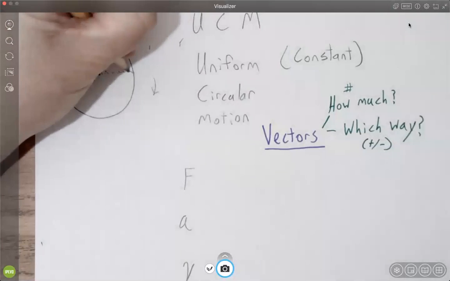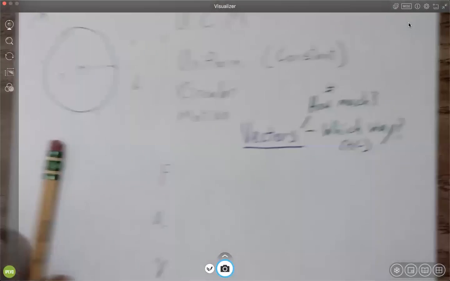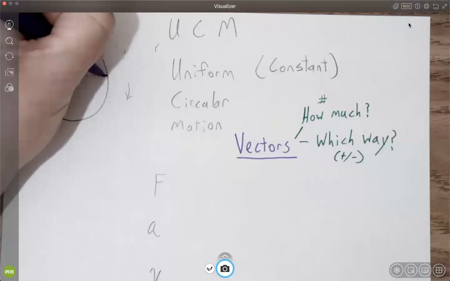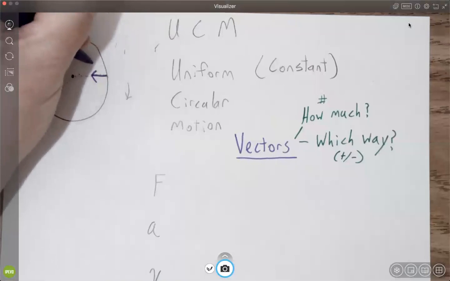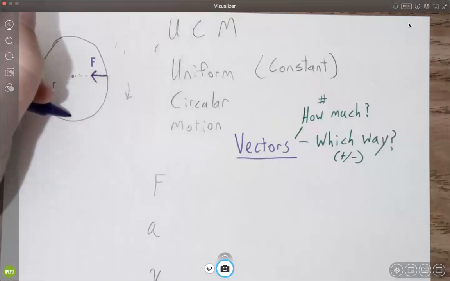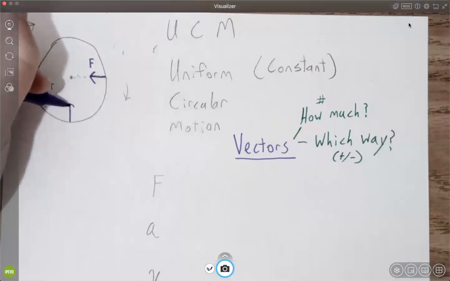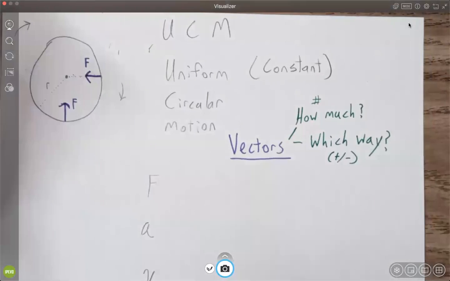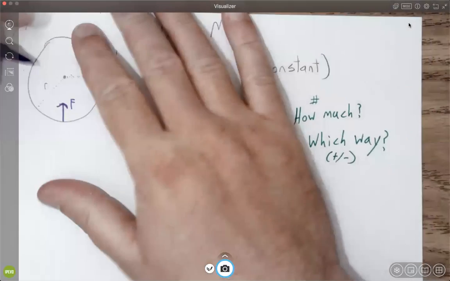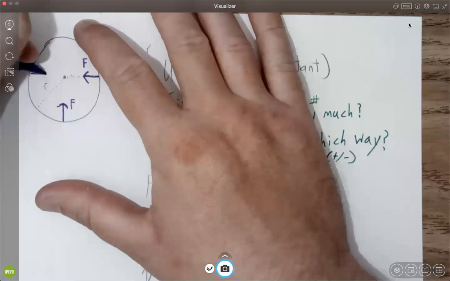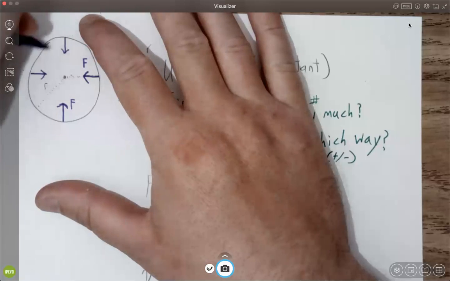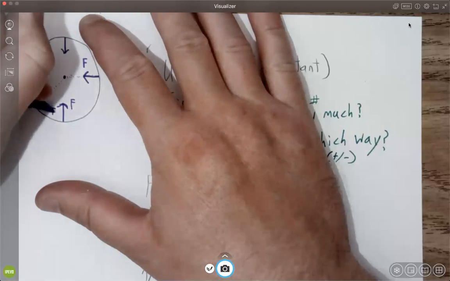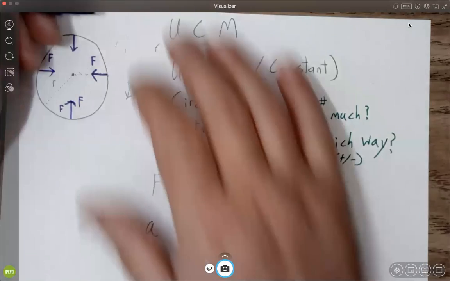So it then will have this force going towards the center. And it does it at all points where there's going to be this force going towards the center at all points around this circle.